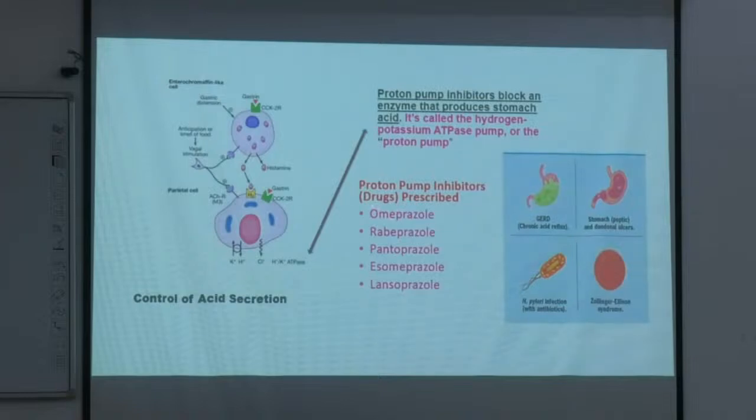These drugs basically reduce the secretion of gastric hydrochloric acid. These are common drugs, day in, day out. Wherever you practice, out of 100 patients, you will prescribe this drug to 10 or 20, for a variety of reasons apart from duodenal ulcer.